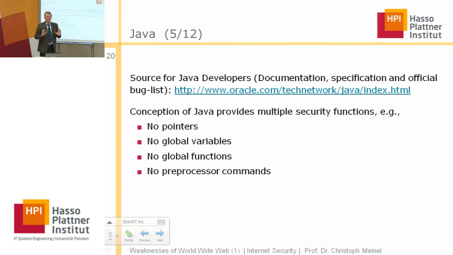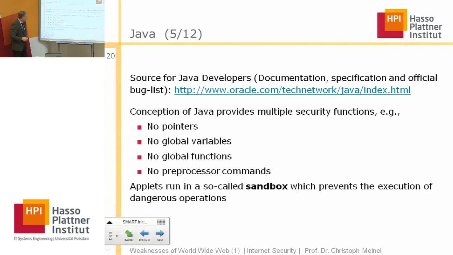All these are security features. When Java was designed, it was an important point that such a platform-independent technology does not provide risks and dangers for the user of such Java applets.